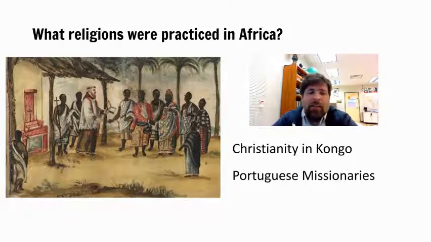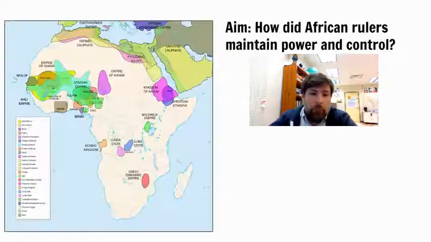Again, it spread a little bit. The rulers converted, and then the people didn't really. And actually, in Congo, it kind of faded out a little bit. But that's another example of using somebody else's religion to create a good trade relationship, and then you have money. And once you have money, then you have power.